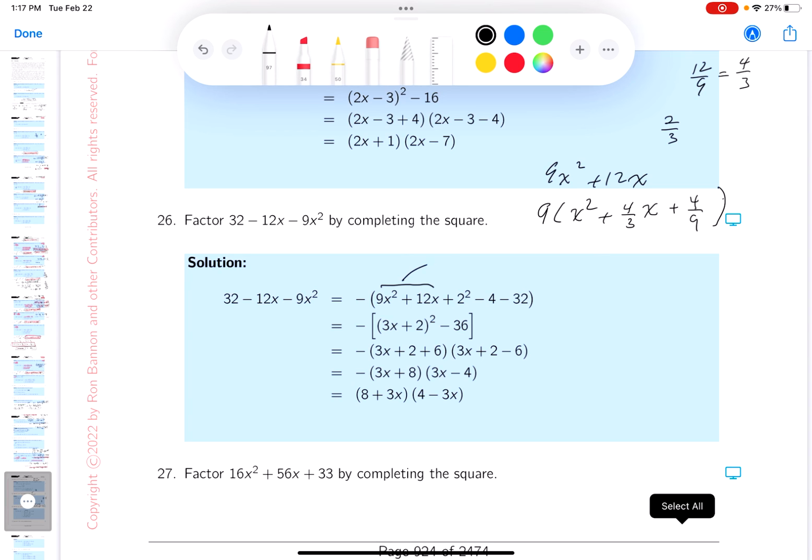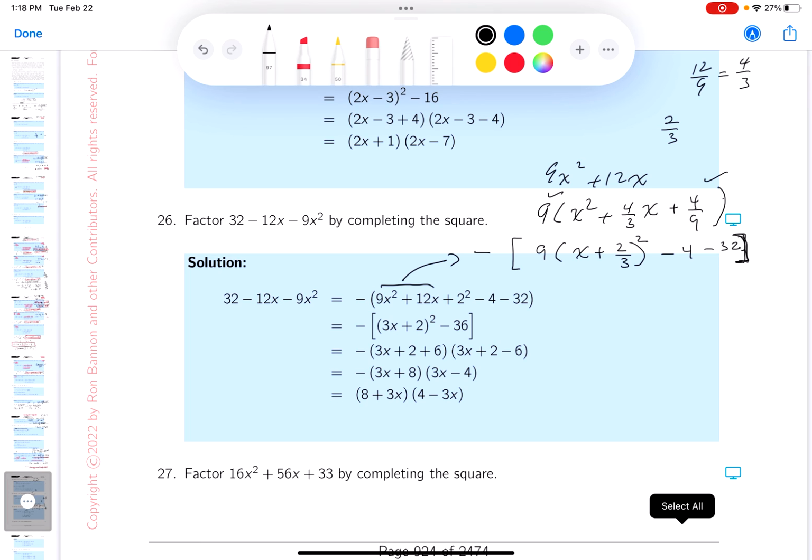So my claim over here, this is minus 9 times x plus 2/3 squared. All right. Before you walk away, though, what you added on was something that wasn't there. You added on a 4, which means I have to take a 4. And then you get minus 32.